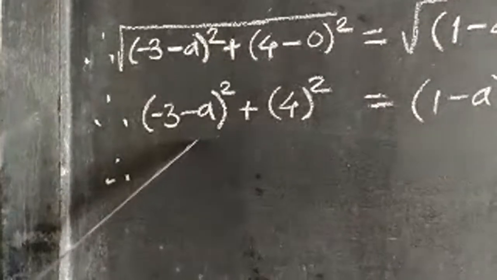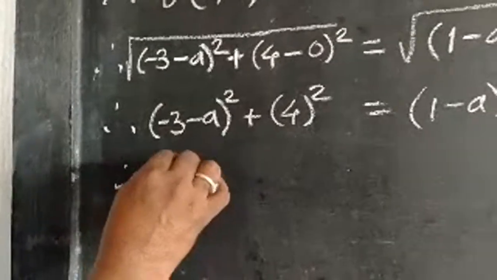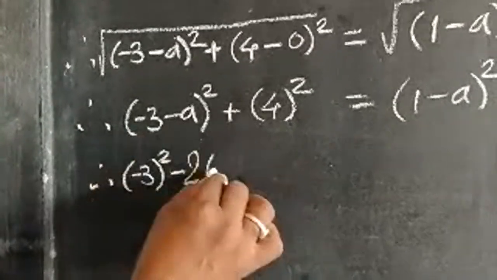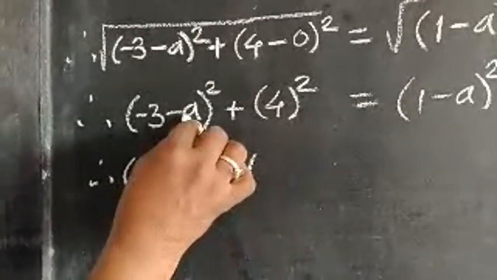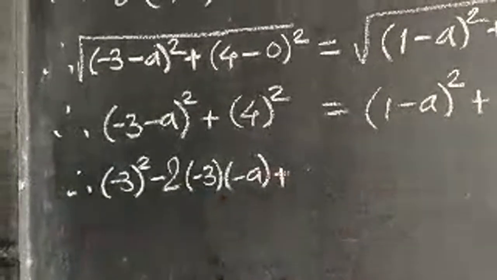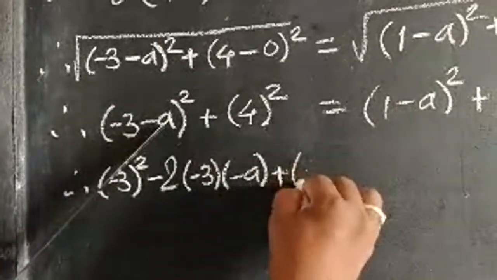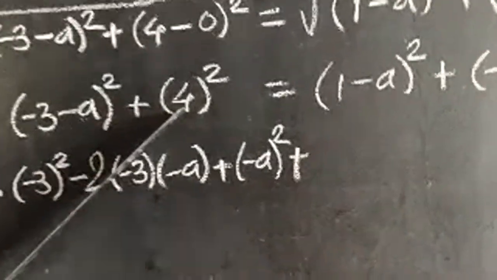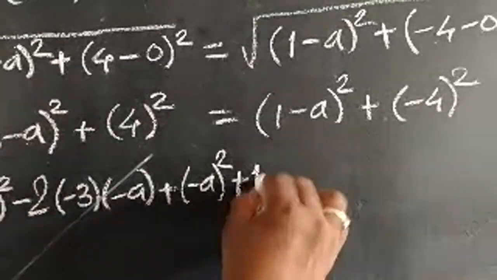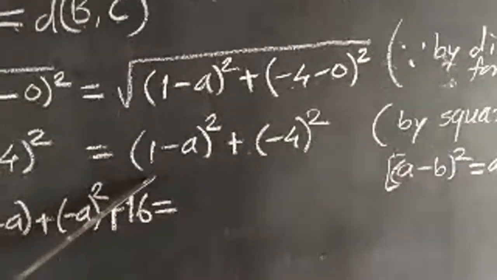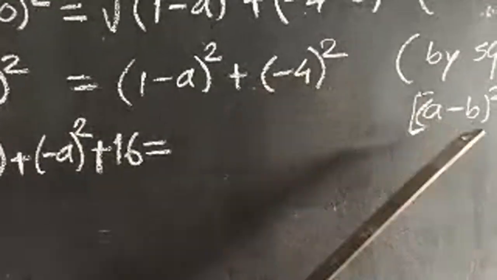That formula we can apply here. (-3) square, first term square, minus 2 into first term into second term, into a, plus a square, second term square, plus 4 square, 16. 4 square is 16.